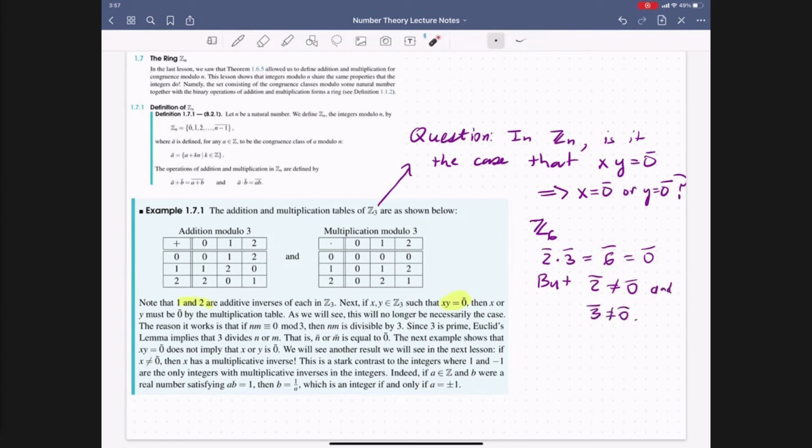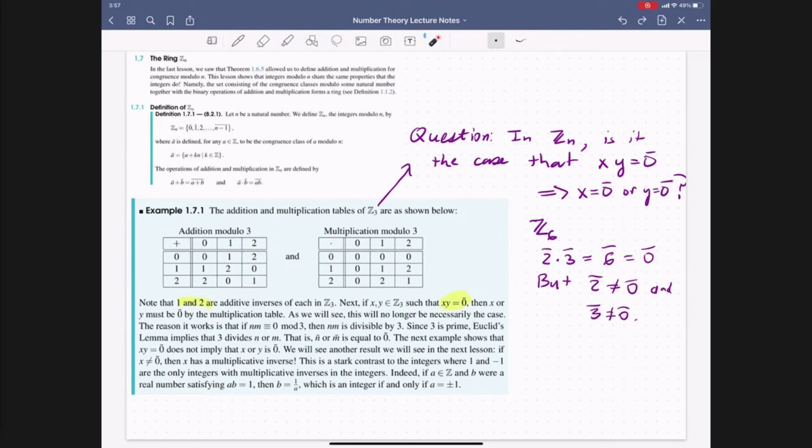And so this is one property that is not satisfied by the integers modulo n when we compare them to the integers. In the integers, we have the zero theorem at our disposal, but we don't necessarily have a zero theorem in the integers modulo n.